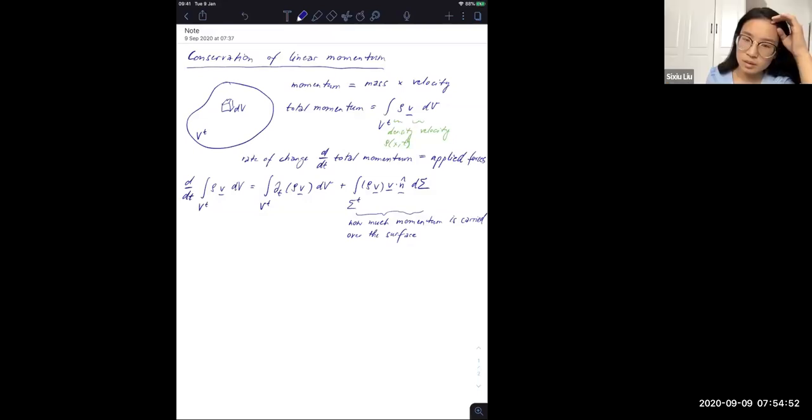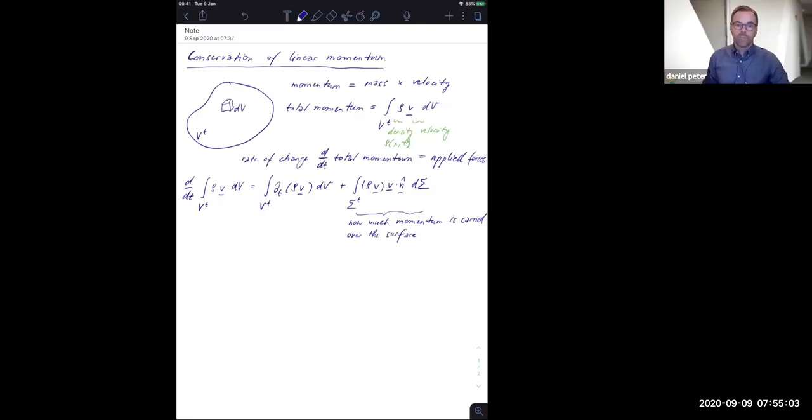Professor? Yeah? I'm just confused by the lower v and the capital V. Mm-hmm. So lower v means the velocity, right? Yes. And the capital V means the volume space, right? Yes, that's the volume. Yes, you're right.